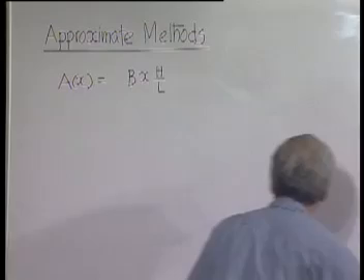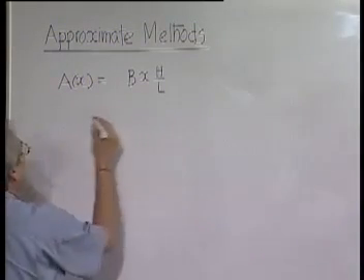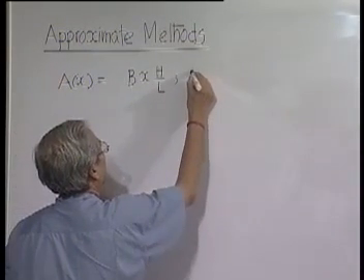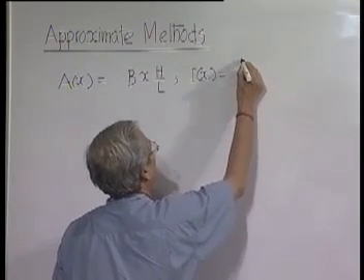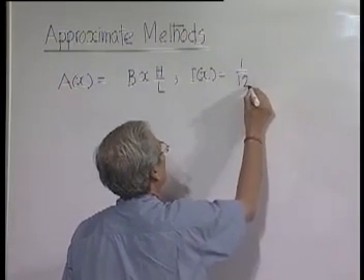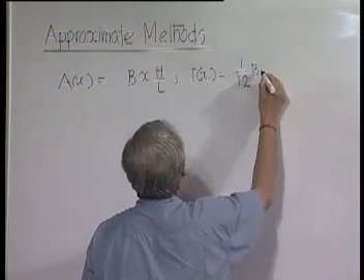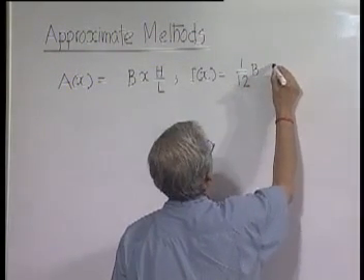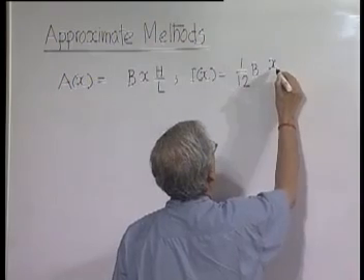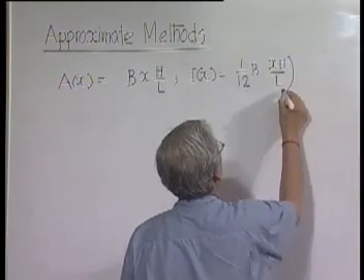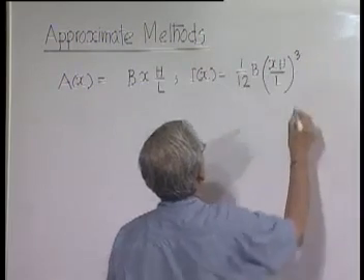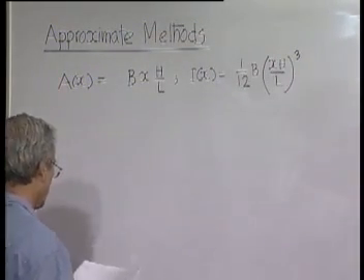Similarly, the second moment of area, that is I, will be B into (xh by L) cube, divided by 12. E is constant.